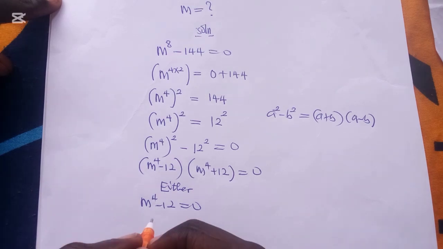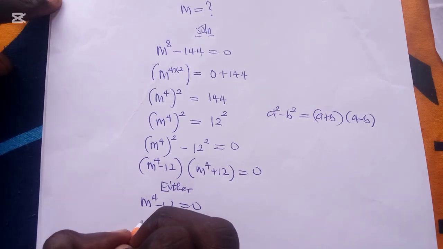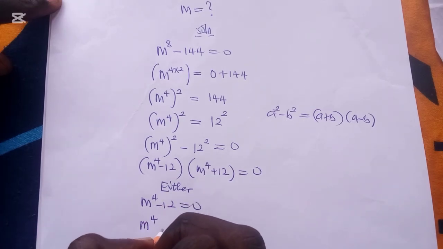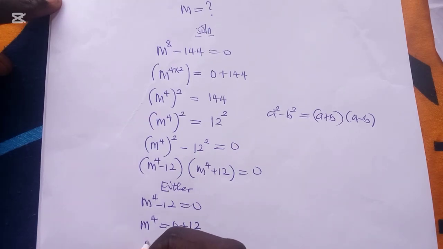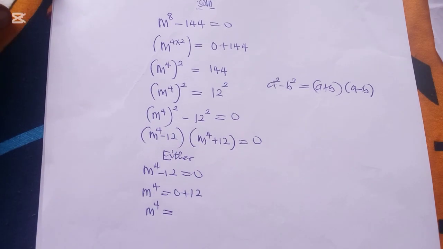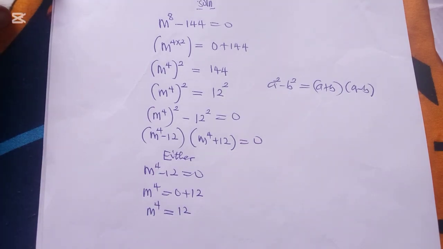Then, when 12 is moving, we have m raised to the power 4 equals 12. Now since m raised to the power 4 is equal to 12, and we want to find the possible value of m, what are we to do next?